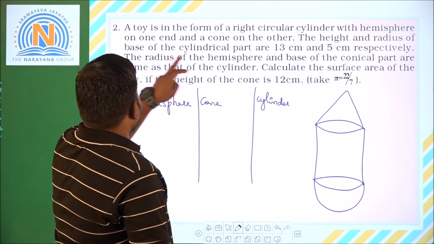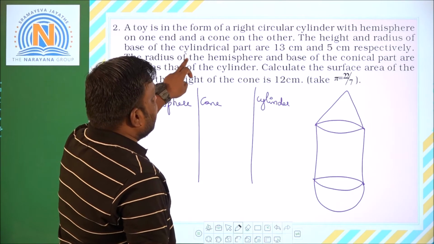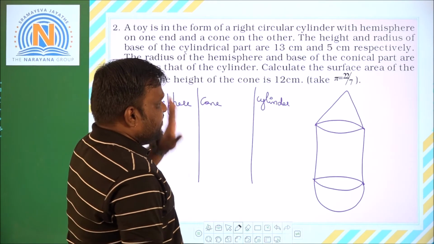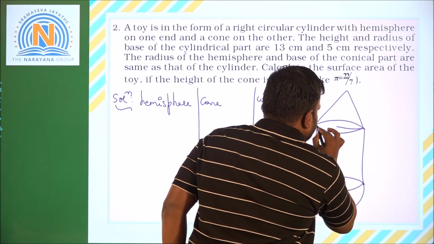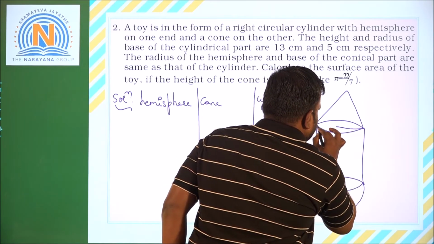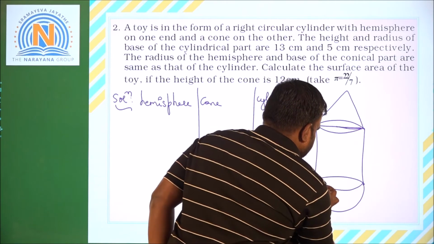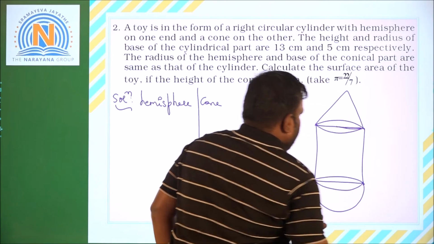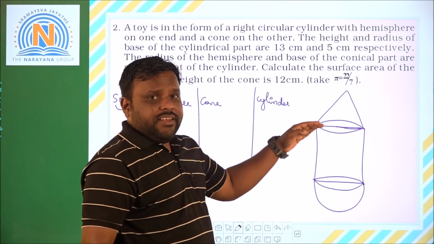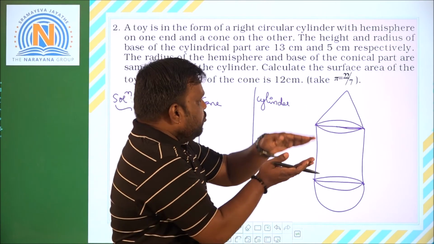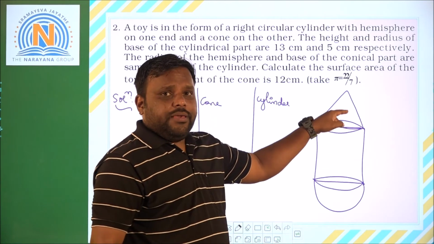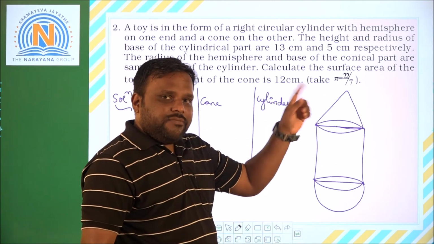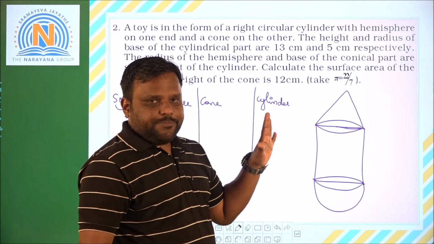The height and the radius of base of the cylindrical part are 13 centimeters and 5 centimeters. See, this is the base. Okay. So this is the complete diameter of the base here. Now, since cone and hemisphere are both on the cylinder, obviously the diameter of the cylinder will be equal to the diameter of the cone as well as the diameter of the hemisphere.